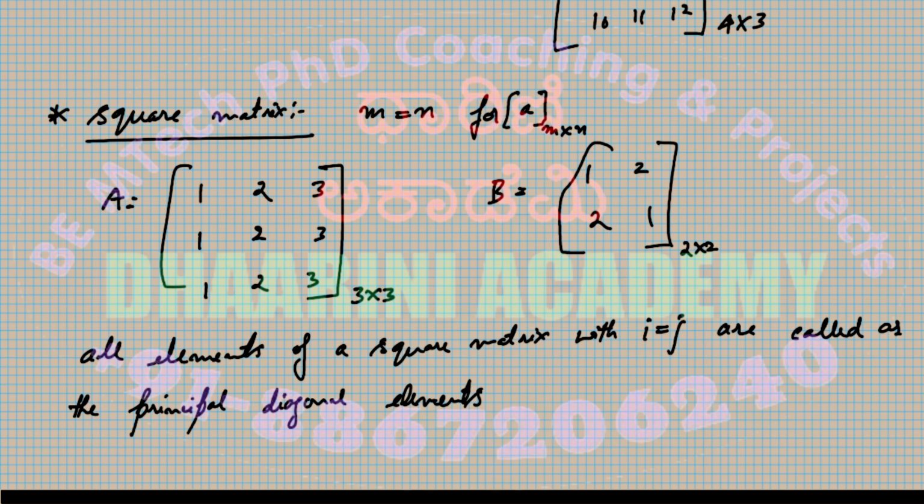Right? In the sense, if you have a11, a22, a33, etc., you see it's i equal to j.